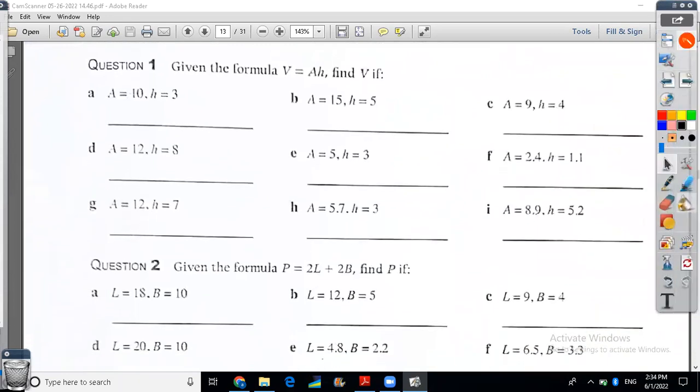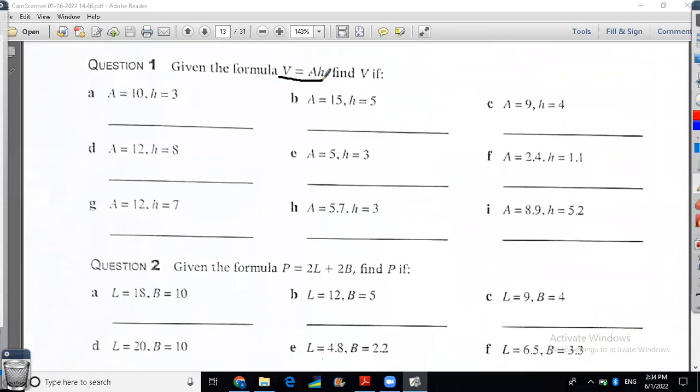Next lesson here is substitution. That is a piece of cake. Here it says V equals AH. Find V if A is, for example, 5.7 and H is 3. All right, no problem. V equals, we know that AH means A times H. So it's going to be 5.7 multiplied by 3.